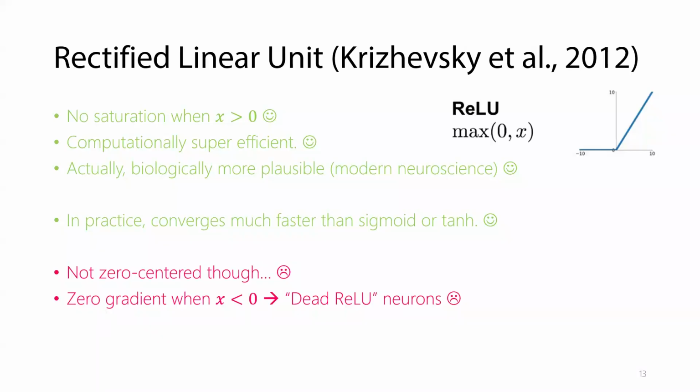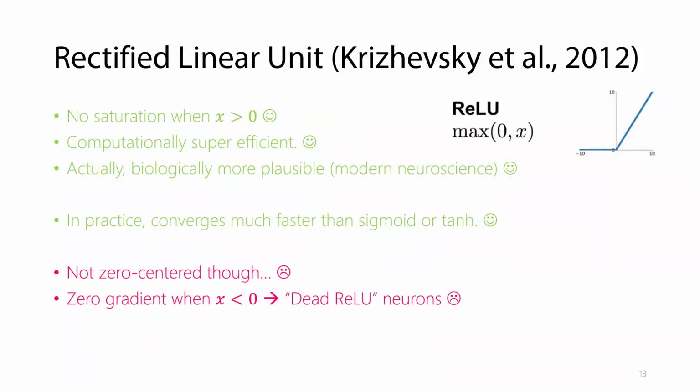They wanted to resolve this vanishing gradient problem, and they decided to simplify the activation function like this. By virtue of having this straight line, you're always going to have non-zero gradient as long as your input is greater than 0.